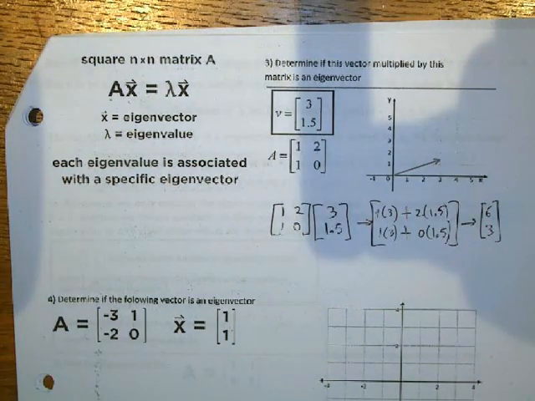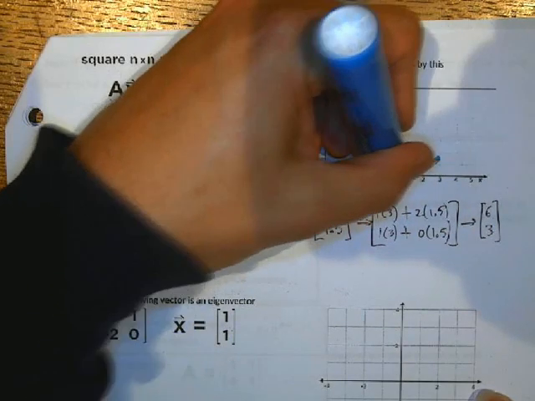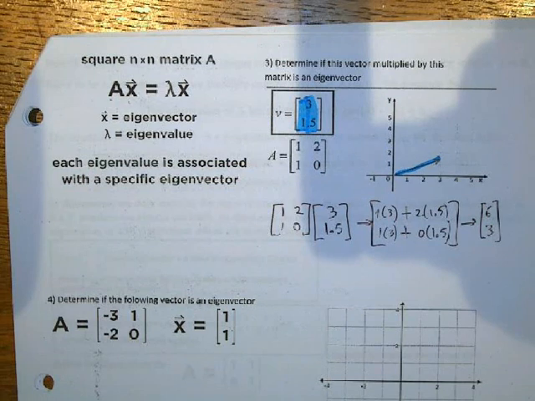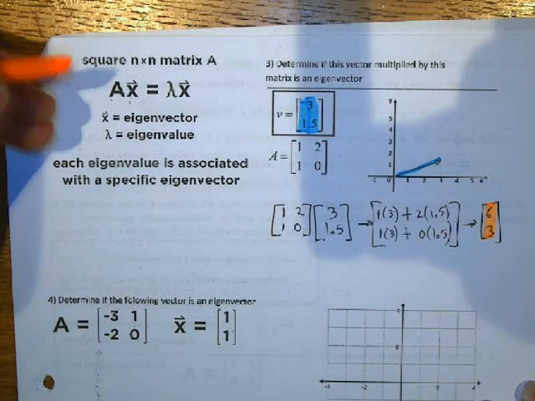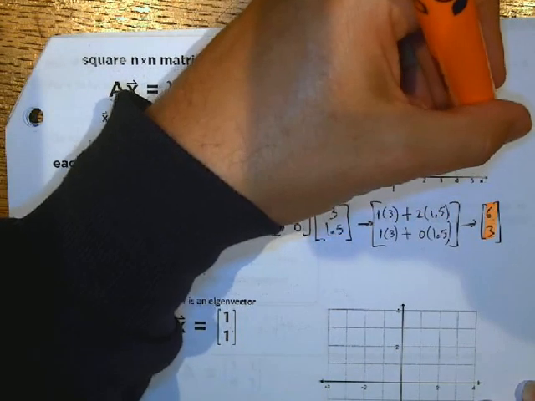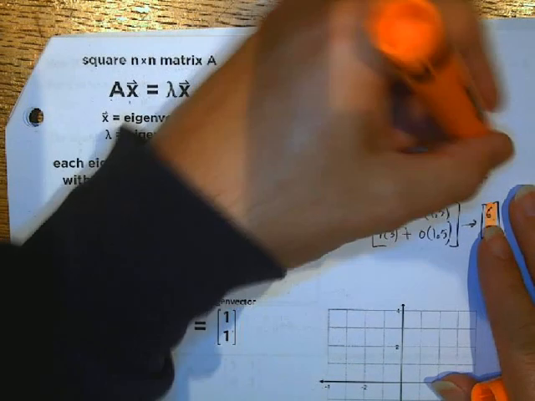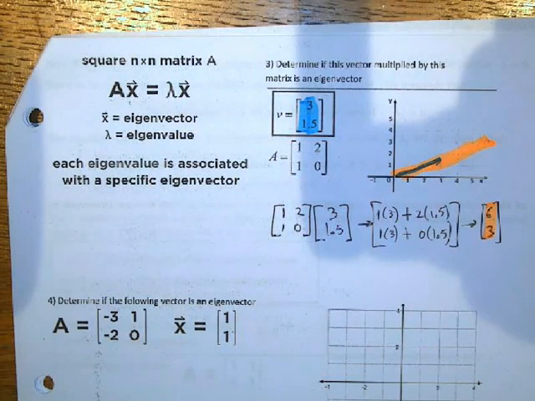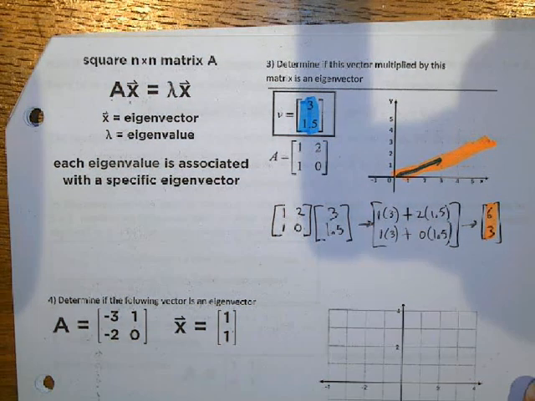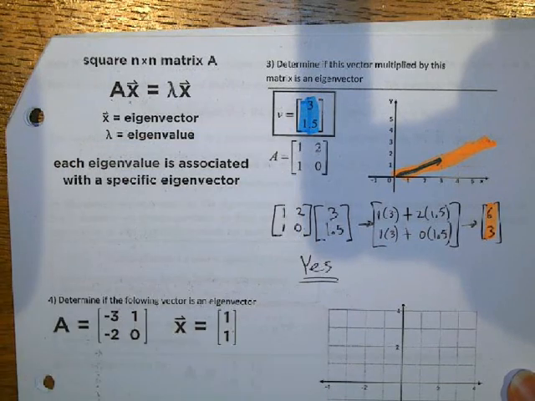Okay. So our original vector was 3, 1.5. And our new vector is 6, 3. So I'm going to go over 6, up 3, and we see that, yes, it is an eigenvector.